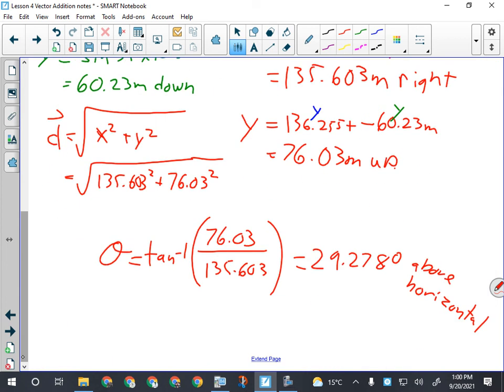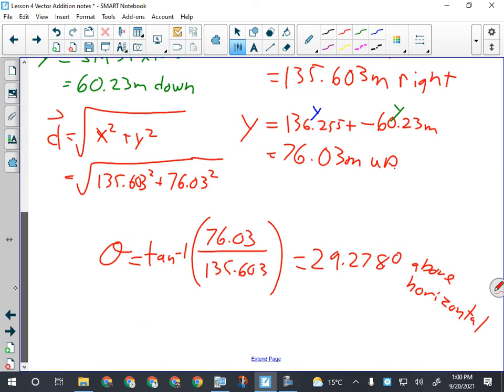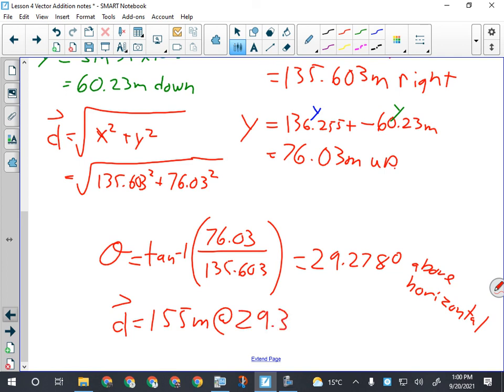So the 155.464 is just going to be 155 at 29.3 degrees above the horizontal.